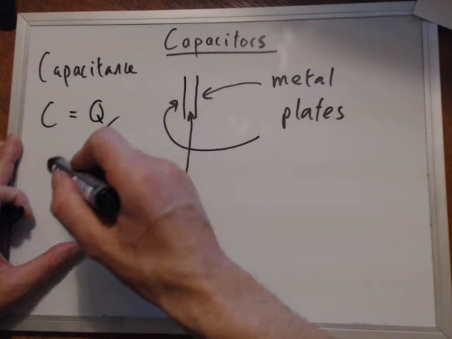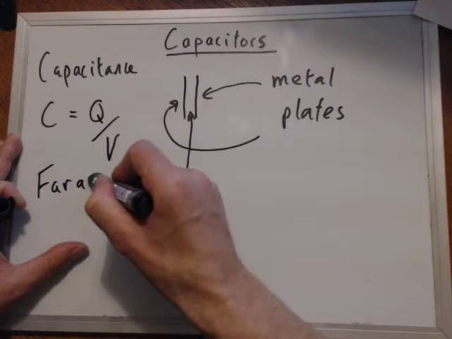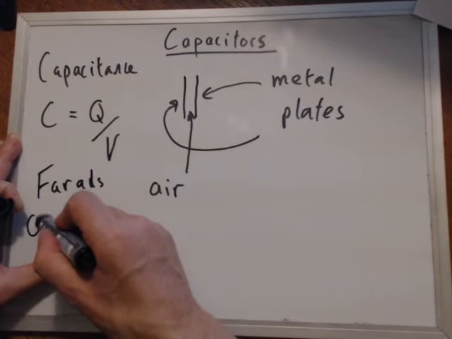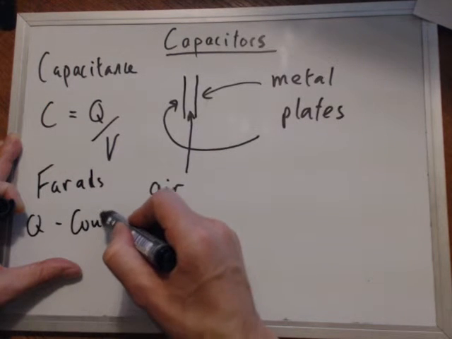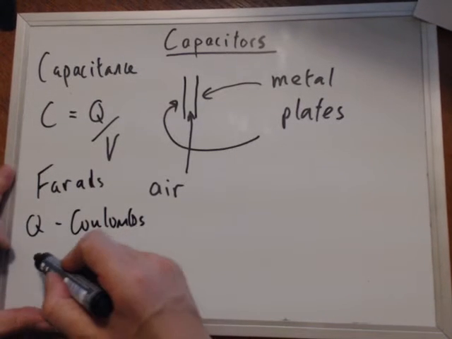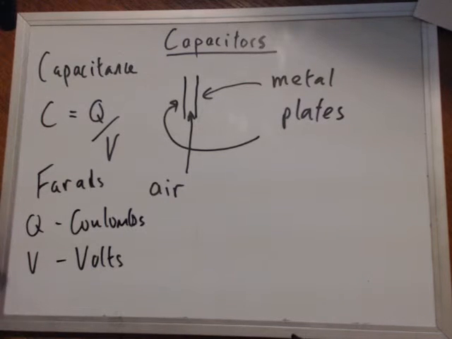Now the capacitance is given in farads, the charge Q is in coulombs, and the potential difference V is in volts.